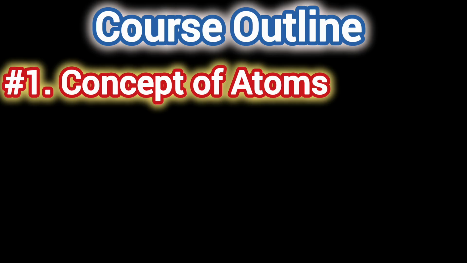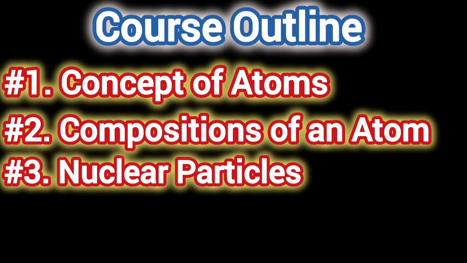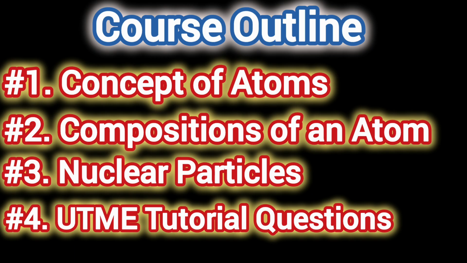Secondly, we will be treating the composition of an atom, the subatomic particle and their discoveries. Thirdly, we will be talking about the nuclear particles, under which we will talk about the atomic number and mass number. And lastly, we will be using this knowledge to crush UTME questions.